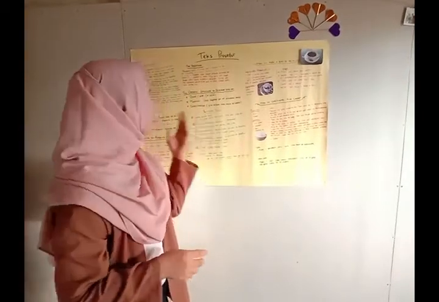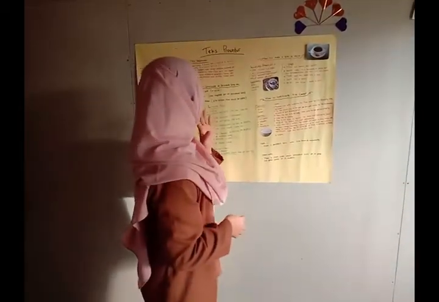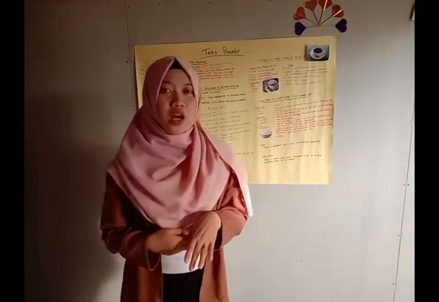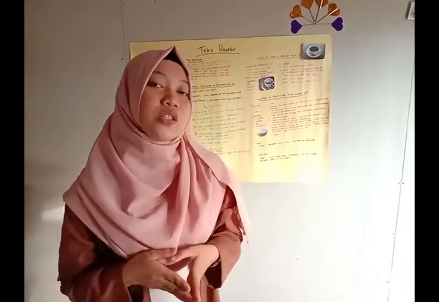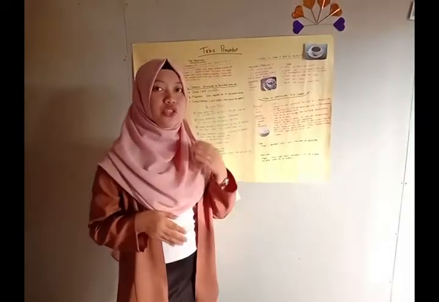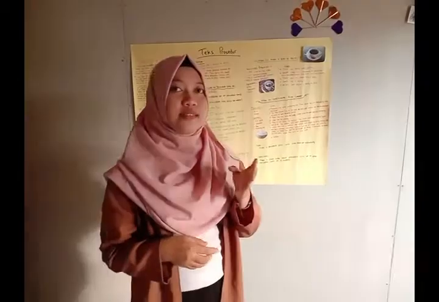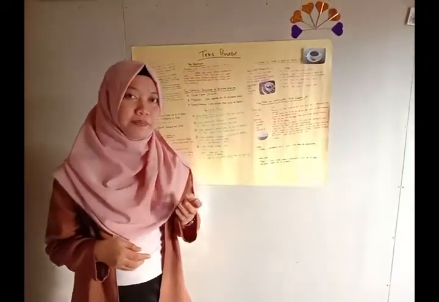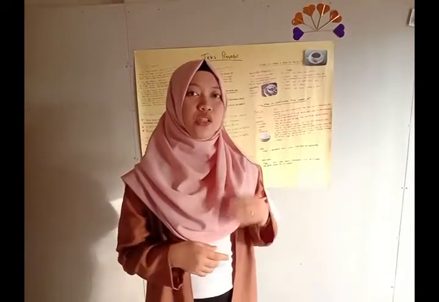And we move to the main learn today, the definition of tag procedure. Procedure tag here is a tag that is designed to describe how to make something with a sequence step.